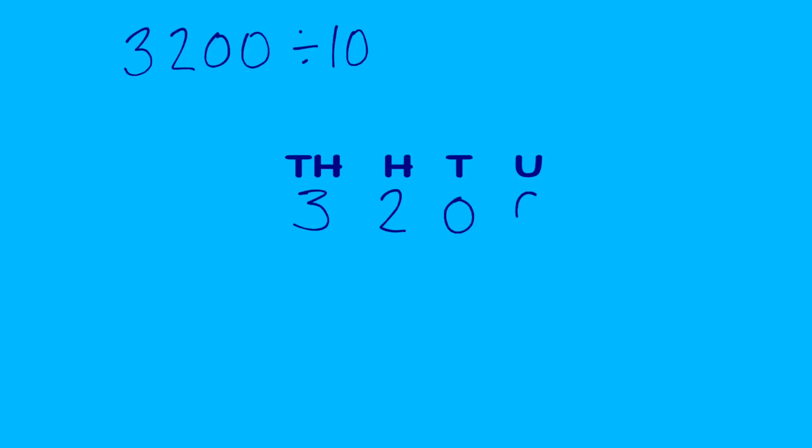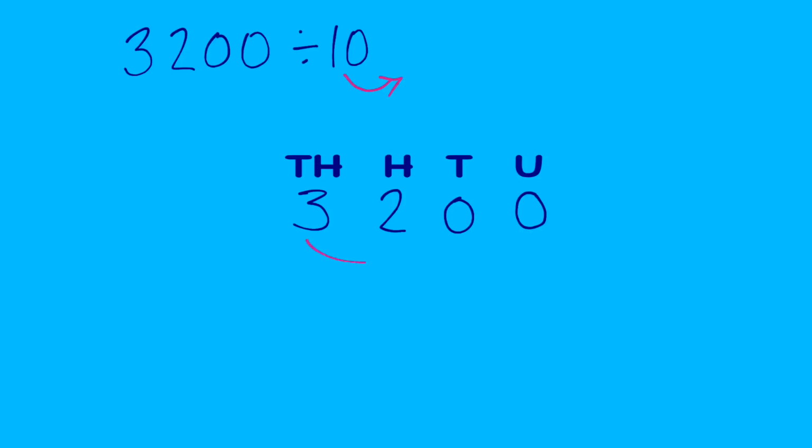Okay, I'm now going to do 3,200 divided by 10. So the first thing first, I'm going to write my number in the place value chart. So I've got 3,000s, 200s, no tens, and no units, so 3,200. So when we divide by 10, we know that means moving our digits one place to the right.